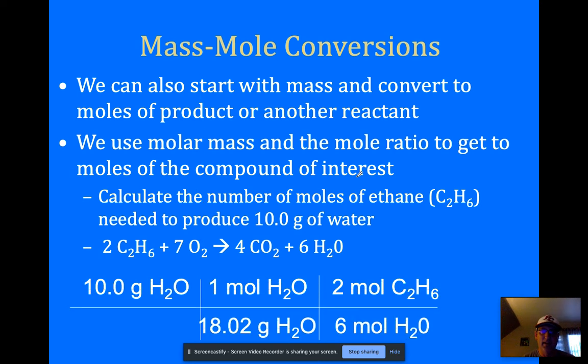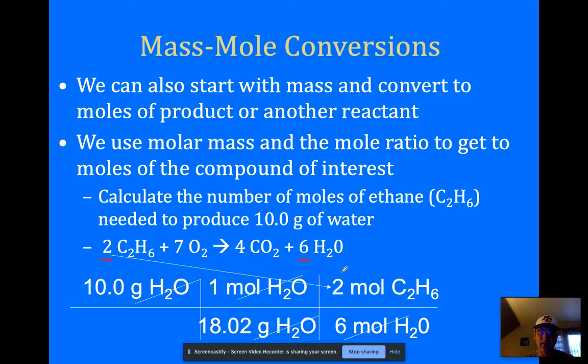Okay. And here's my setup. So I have 10.0 grams of water. I have to convert that first to moles. I can't do a mole ratio step when I have grams as a unit. So this 18.02 came from the periodic table. That cancels there, and 1 mole of H2O. Now, for every 2 moles of C2H6, you have 6 moles of water.